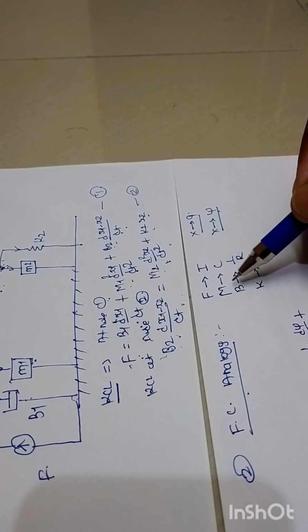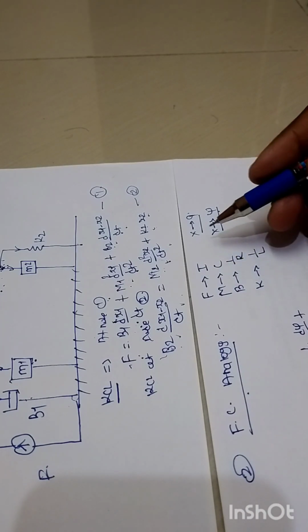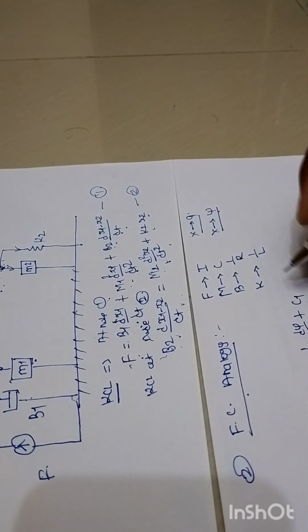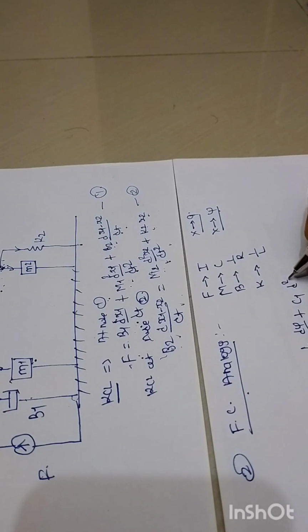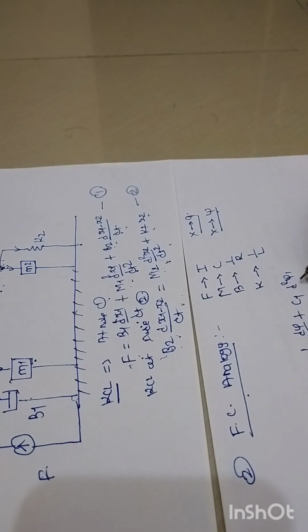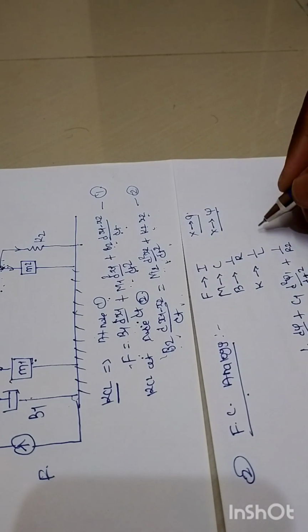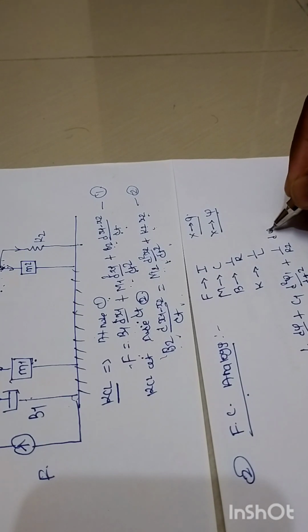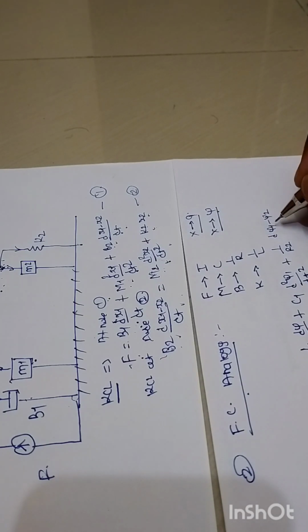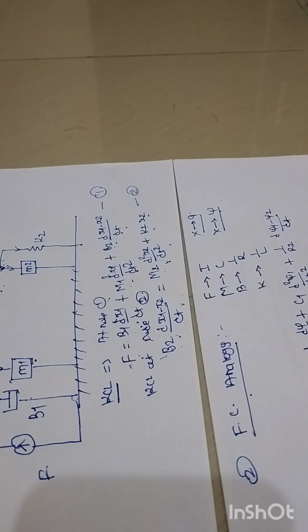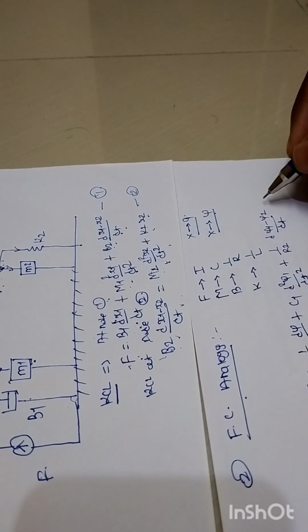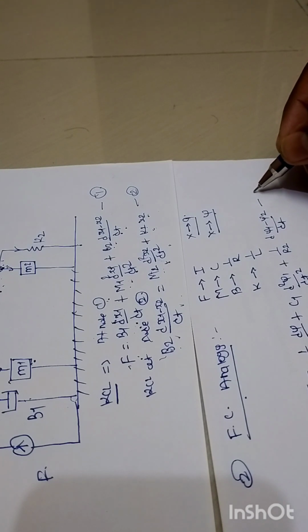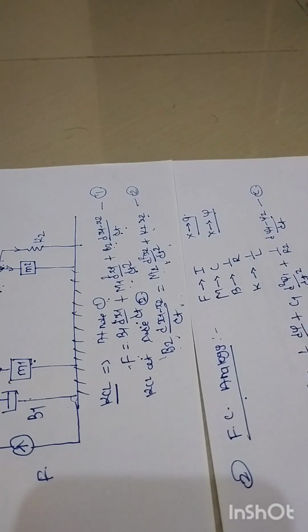Before going for this M1, this M is nothing but analogous to C, so it will become C1 into d square psi 1 upon dt square plus B2, which is nothing but 1 over R2 into d of psi 1 minus psi 2 upon dt, right? So in this way this equation will become like this, and that can be called the equation number capital C.